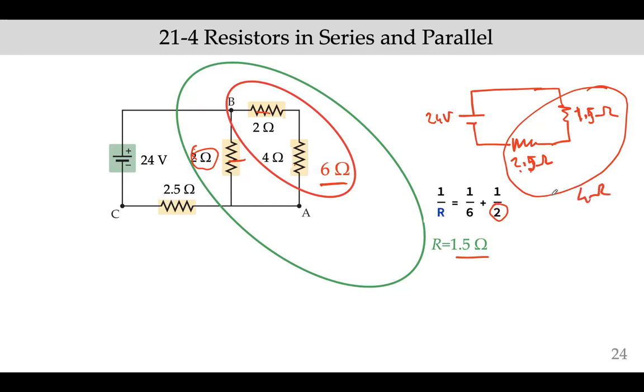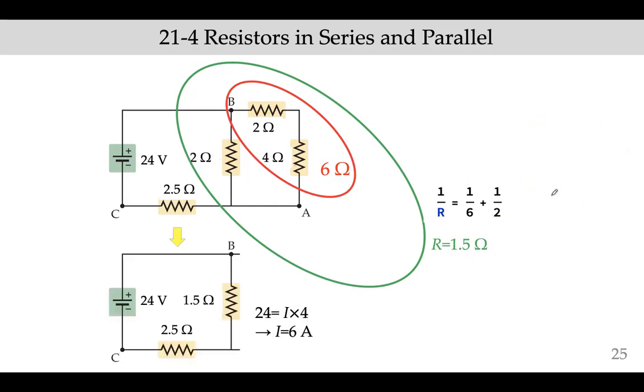So this is the total equivalent resistance. Here's the reduced circuit. The voltage is 24. If you divide 24 by 4, you will find the current is 6 amperes.